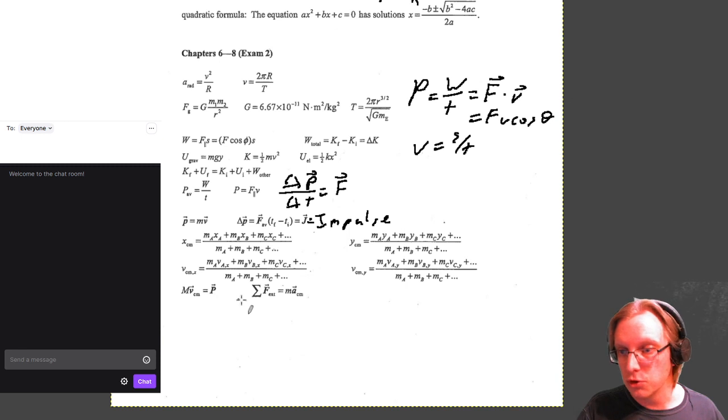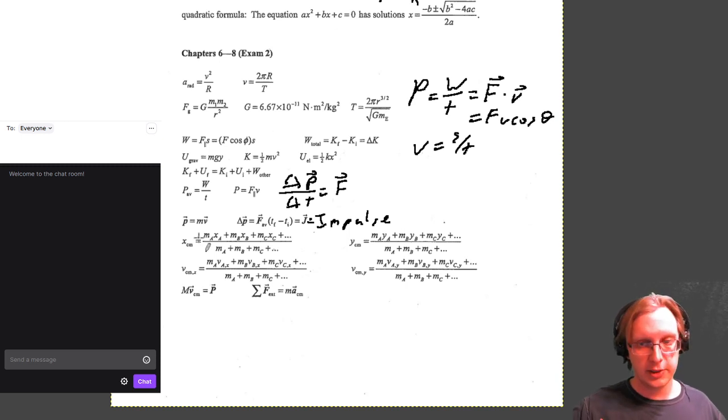The rest of this here is basically all about center of mass, position, and velocity, and saying that whatever you end up doing to the center of mass, it applies to the whole system.